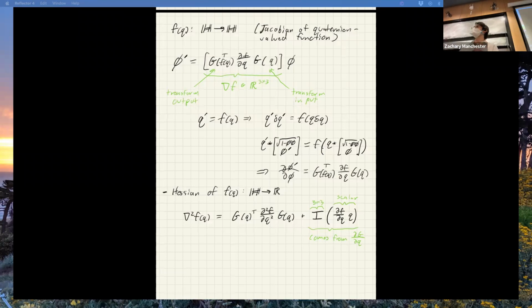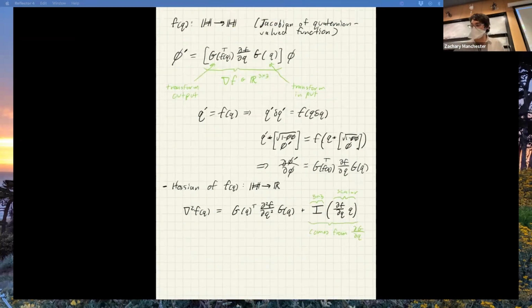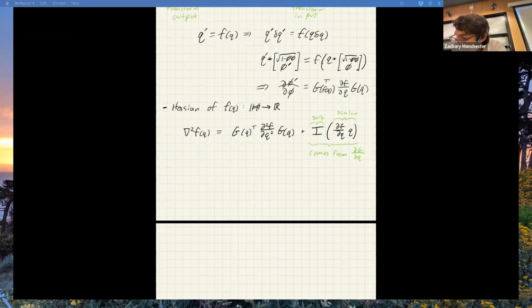Okay, so that is all you need to do any optimization that you want to do with quaternions: gradients, Jacobians, and Hessians. Cool. These are all the recipes you need. And now we can do gradient-based, Newton-style optimization.